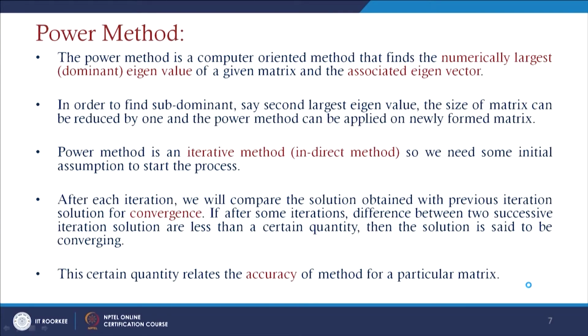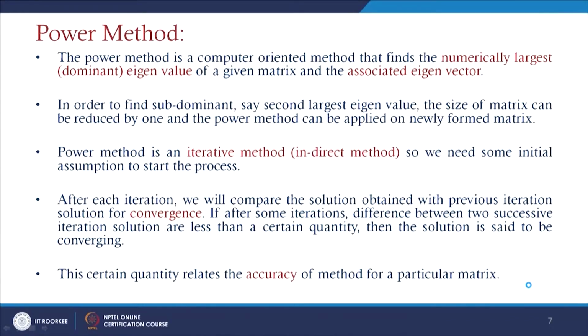The power method is a computer-oriented method that finds the largest numerically dominant eigenvalue. Sometimes in this method we shift the points towards the origin or towards a desired point. That is called shift of origin, and we shift these points to find the largest eigenvalue close to them.